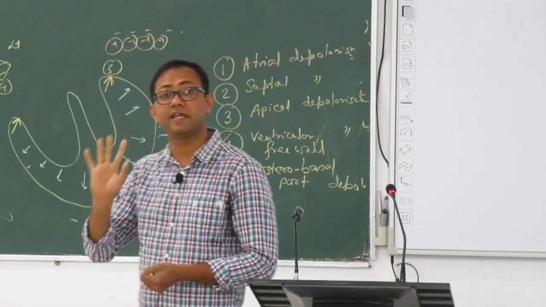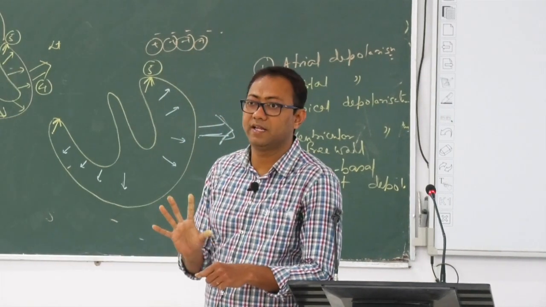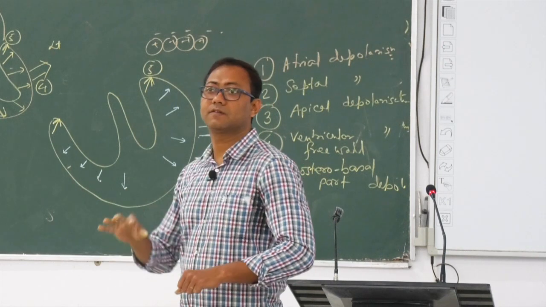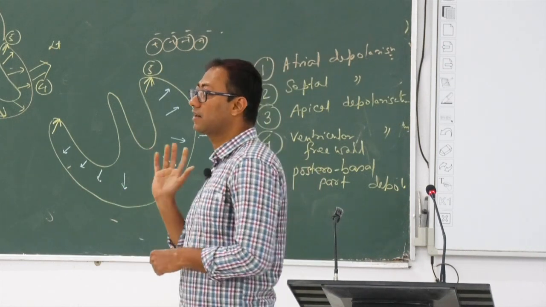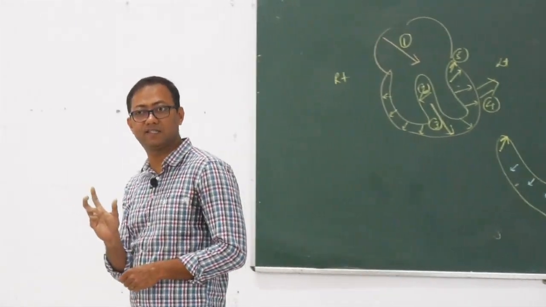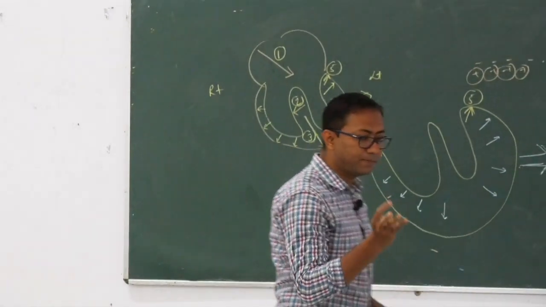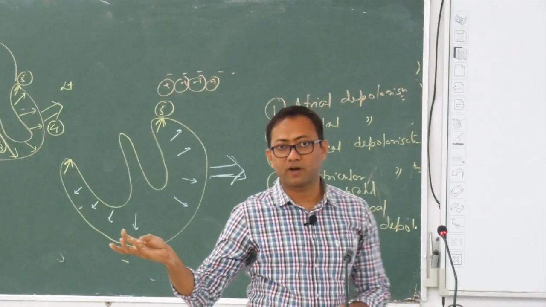So these are the 5 electrical events that are happening sequentially during the short period of 0.8 seconds of the cardiac cycle. First is atrial depolarization. Second is septal depolarization. Third is apical depolarization.